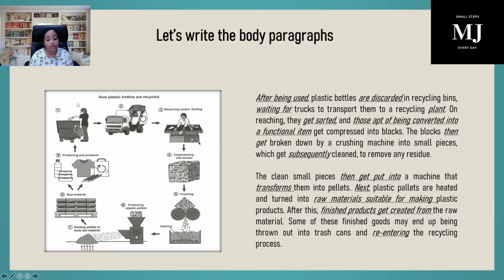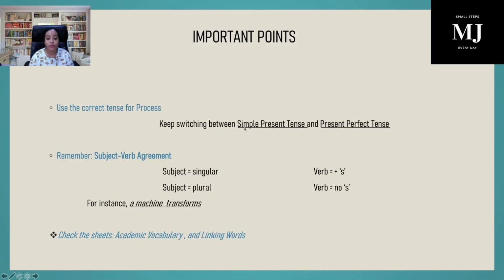That is why we will use simple present tense, or we can use present perfect tense, like get broken down. Are you getting my point? Get broken down. So broken is the V3, the third form of the verb. Okay? So you can keep switching between simple present tense and present perfect tense. Those are the correct tense for process.